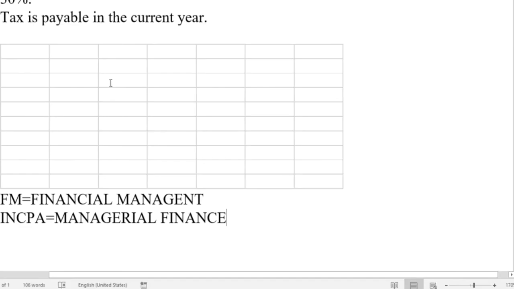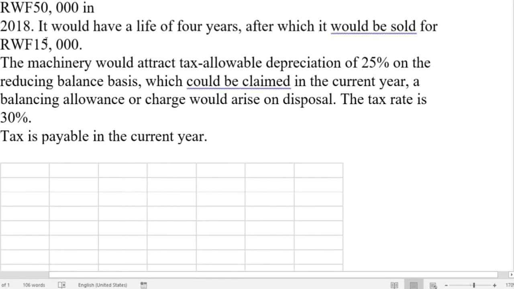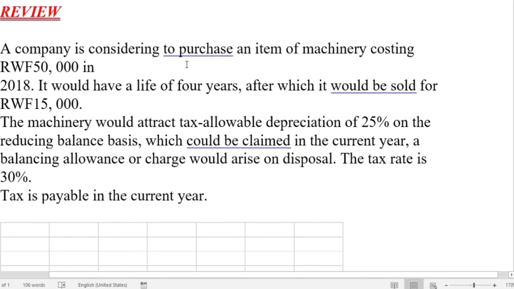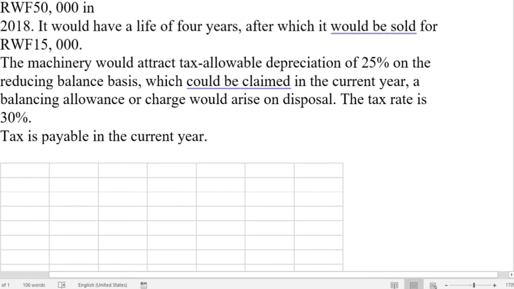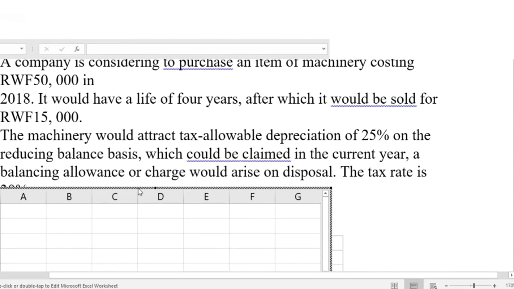Now remember, our purchased machine has a useful life of 4 years. That's why we are typing here.